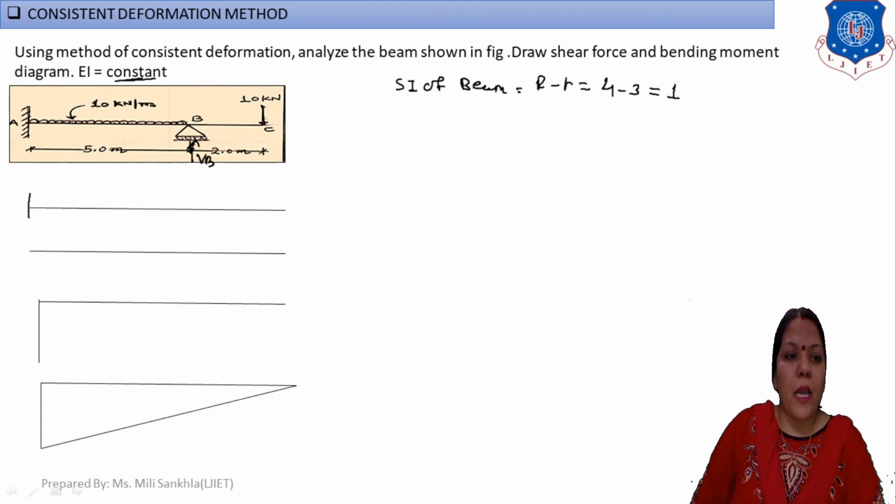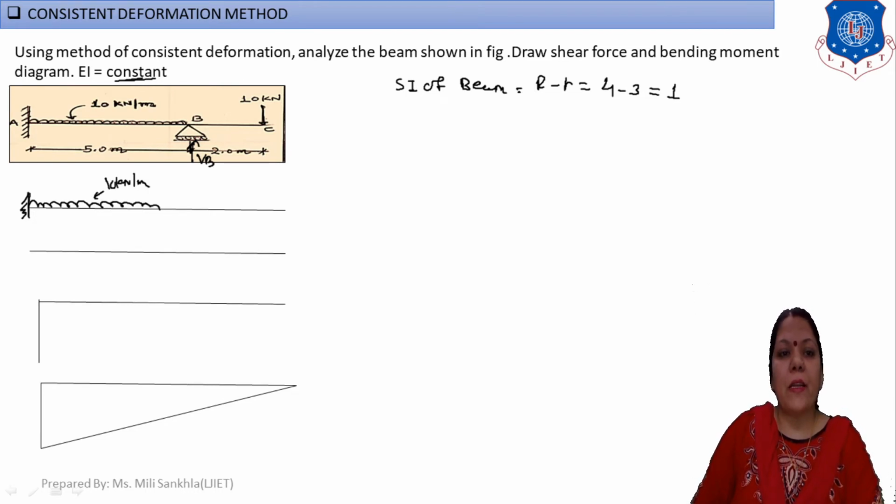Now again apply this UDL load. This UDL load is equal to 10 kilonewton per meter, and release this VB from this point, and this free end is subjected to 10 kilonewton, and this is a 2 meter distance, and this one is a 5 meter distance. Okay, now after releasing this, the beam deflects.